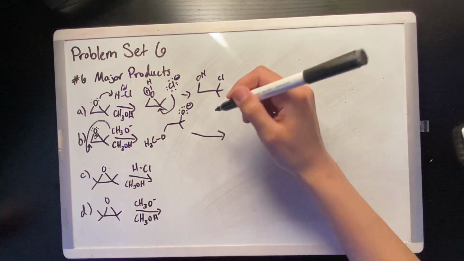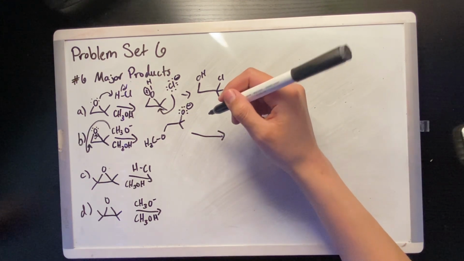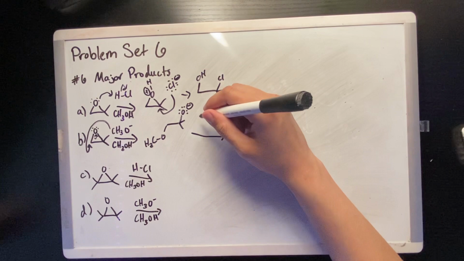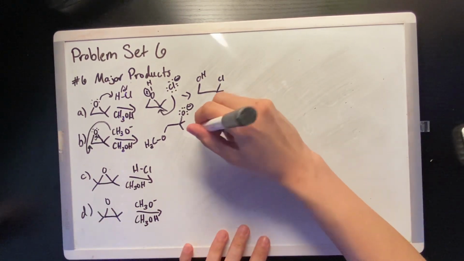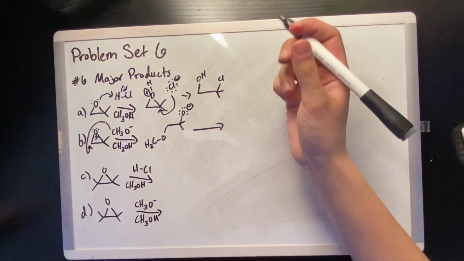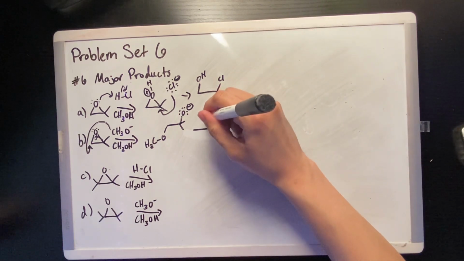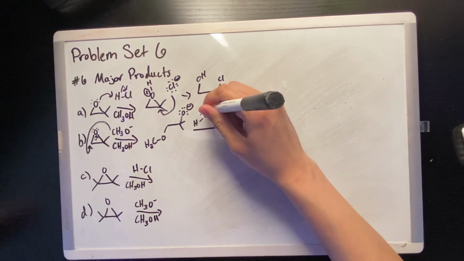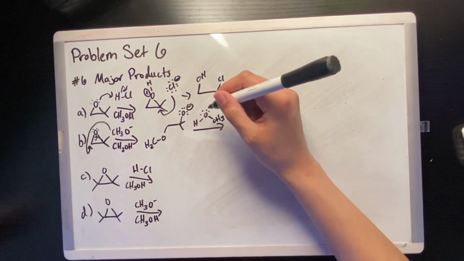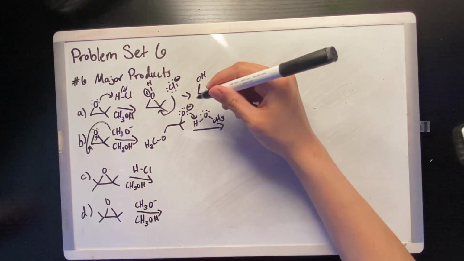And the next step, we still have our bottom section here, CH3OH, and that is going to come and react. So we have OH and CH3. And again, this oxygen is going to come deprotonate.